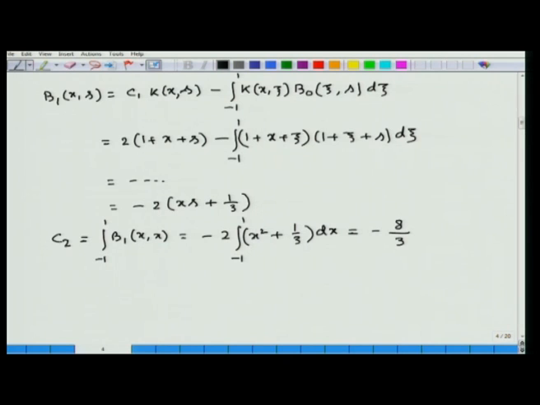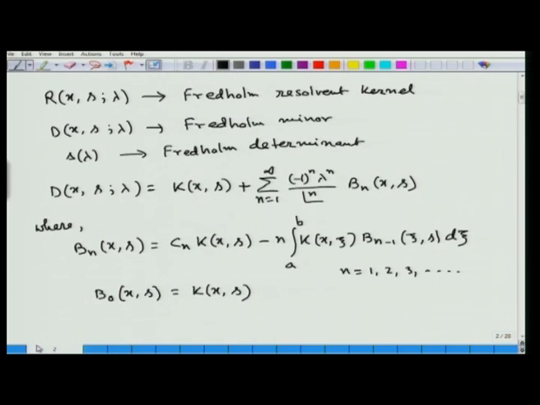So, now we have obtained C2, and already we have in our hand B1(x, s). So, now we can calculate B2(x, s). B2(x, s) is equal to C2 k(x, s) minus 2 times the integral from -1 to +1 of k(x, ξ) multiplied with B1(ξ, s) dξ. This is the expression. You can recall we have already defined this formula for Bn.